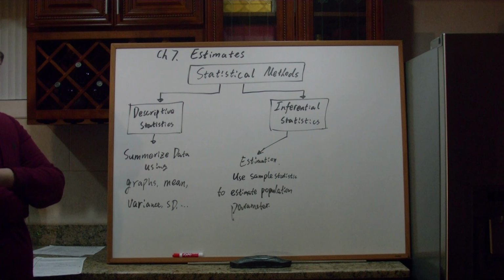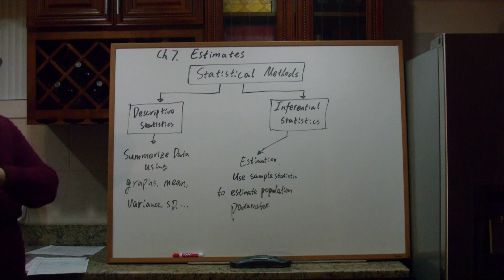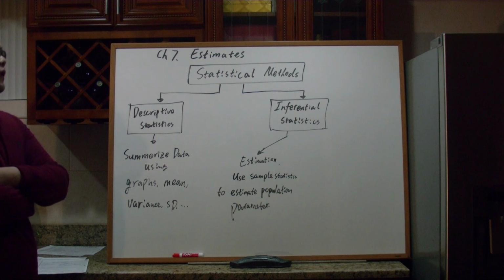and based on other information with a certain likelihood, such a thing called the confidence level, we can estimate in what range the population parameter may fall.